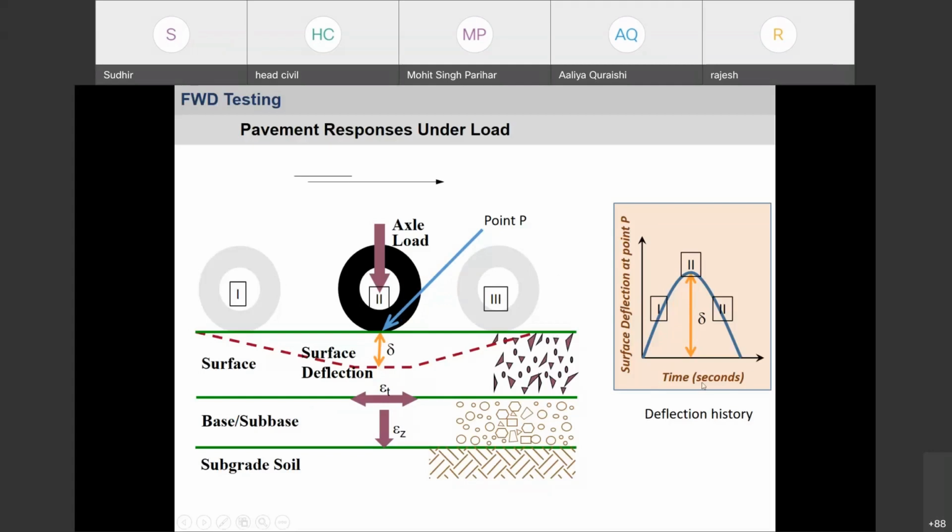You will see what I have plotted. The surface deflection at point P will increase as the wheel approaches point 2.